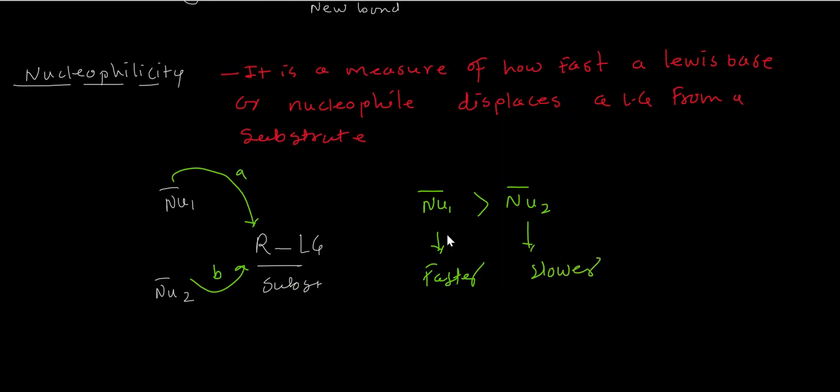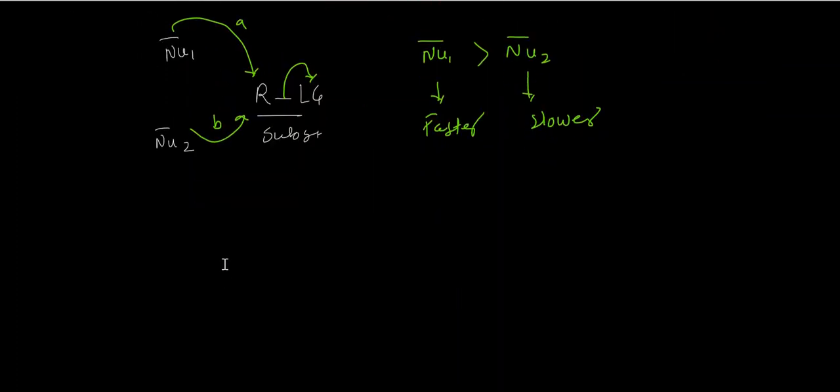Nucleophilicity is basically the speed with which a nucleophile attacks the reaction center to displace the leaving group.